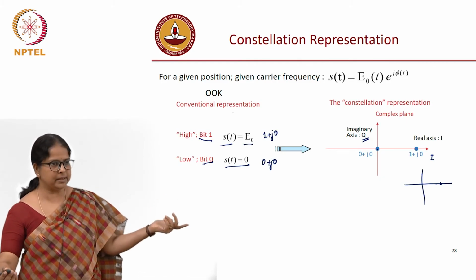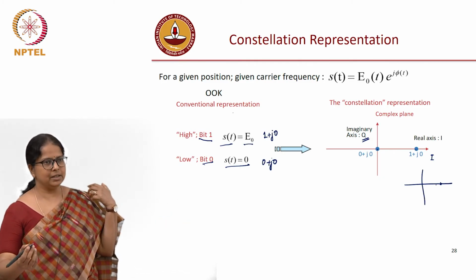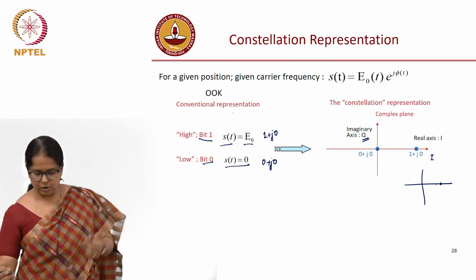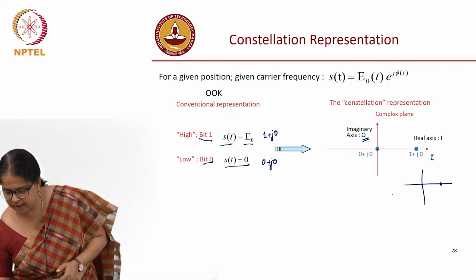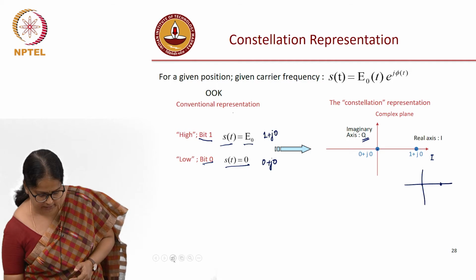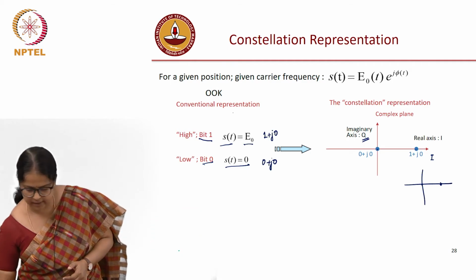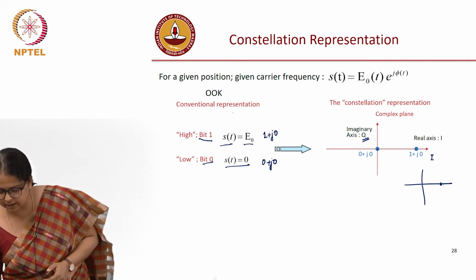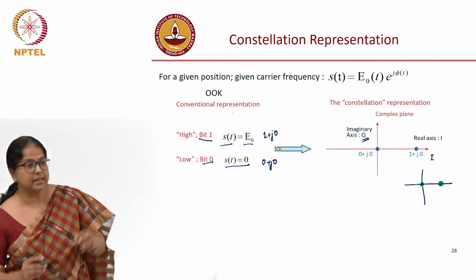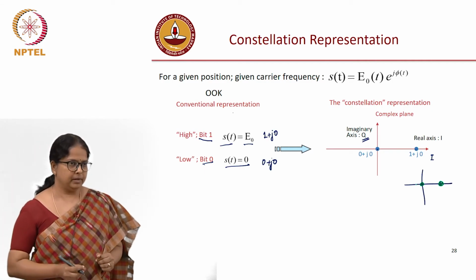Sometimes you may receive a 1, sometimes a 0, and it is not necessary that you always get the same amplitude. You may get something like this, something like this. So, what you will get is what I am showing as a spread constellation.